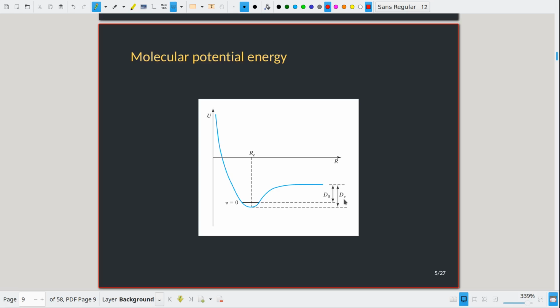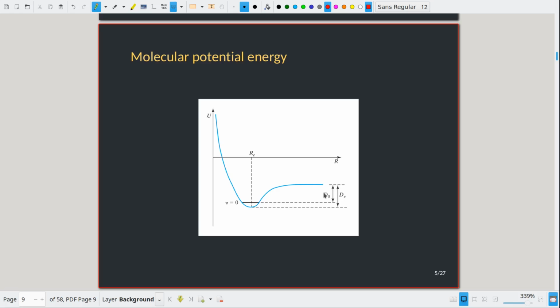As you can see here, we've also got another term, indicated with D naught in this particular graph, and this is because we should be familiar with the idea of the zero-point energy.